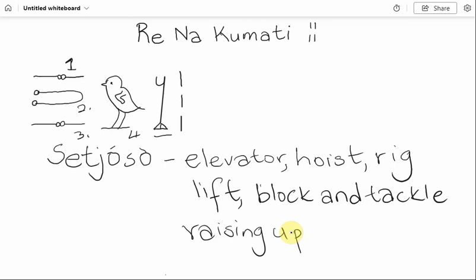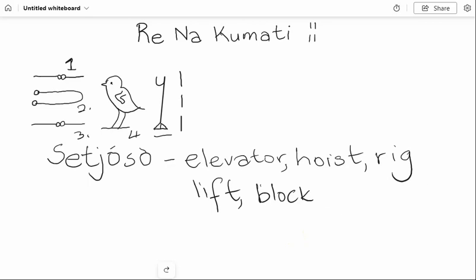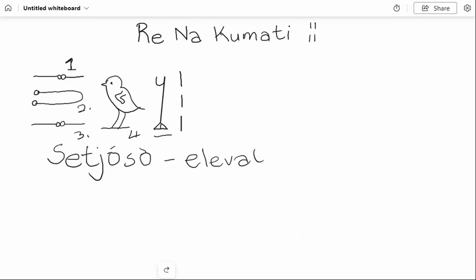But if it is used pertaining to the rising of the sun, then Setjoso means something that awakens, in reference to the sun, a thing that awakens.